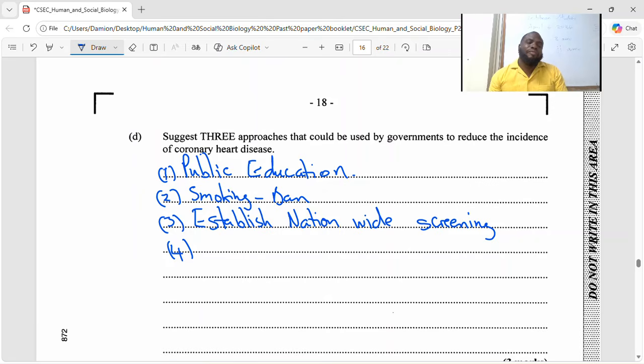That in itself helps us. If you find it too late, you may have a harder chance of survival. The next one is to regulate food consumption.